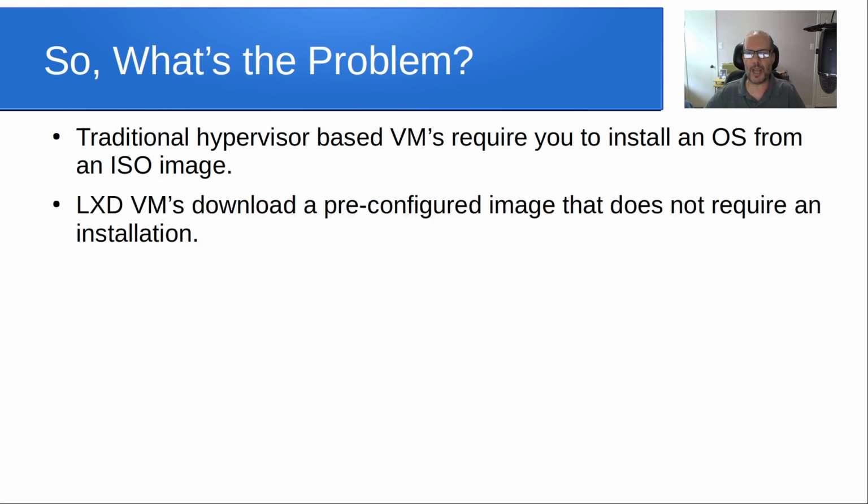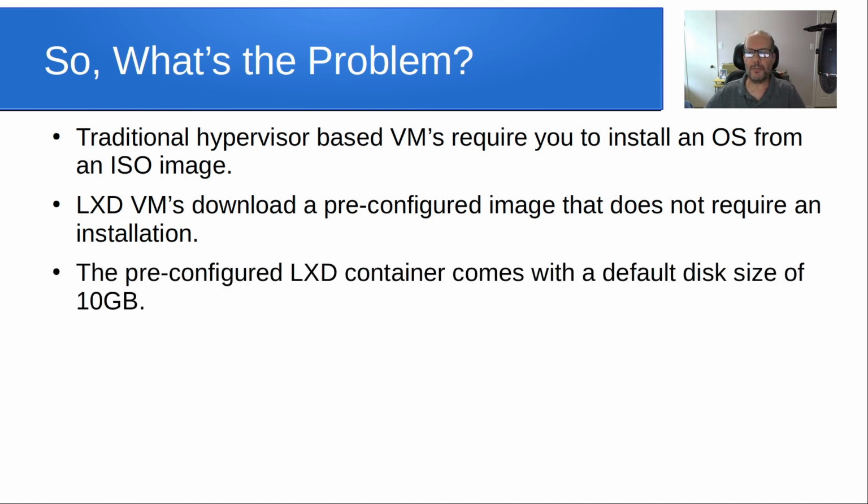They download a pre-configured image that does not require any sort of installation, which is fantastic for rapid prototyping. But the pre-configured LXD VM comes with a default disk size of only 10 gigabytes, and you can run out of that pretty quickly.